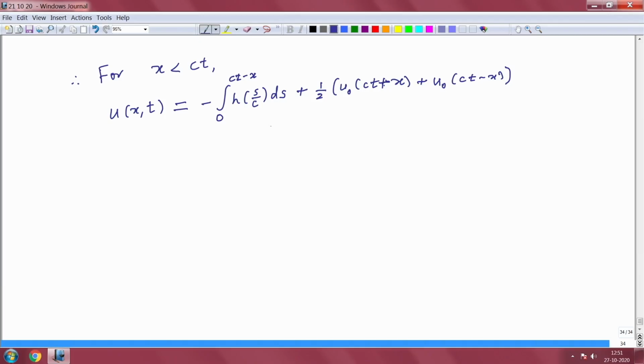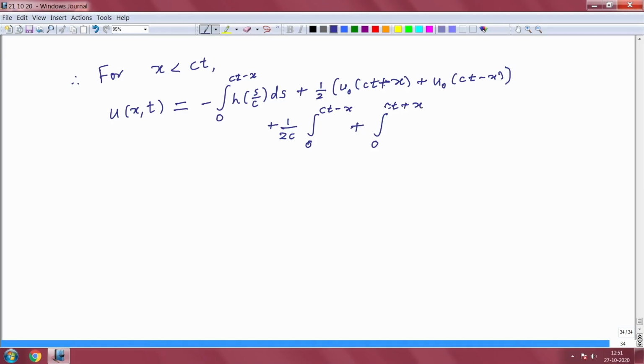And now we have this half, 1 by 2 c, 0 to c t minus x. So, let me write that also here, 0 to c t plus x. There is no cancellation here.